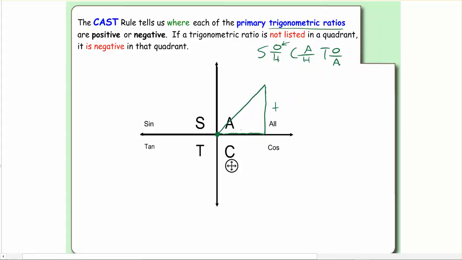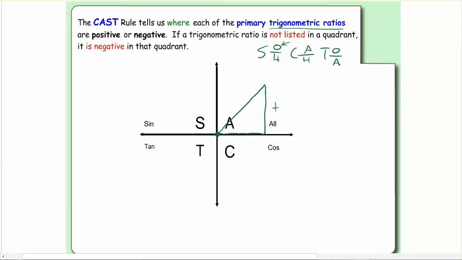In this case, the opposite value for sine is going to be positive, and the hypotenuse is positive. So no matter what numbers I put in here, the value of sine is going to be positive. Let's put some numbers in there.